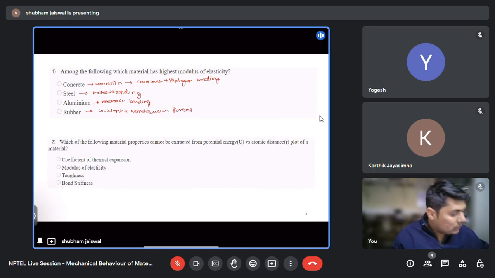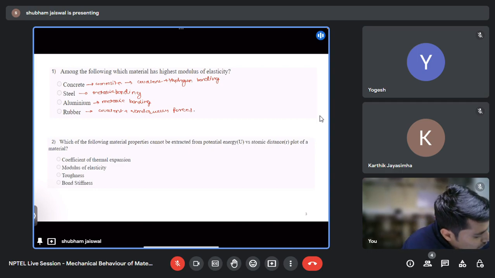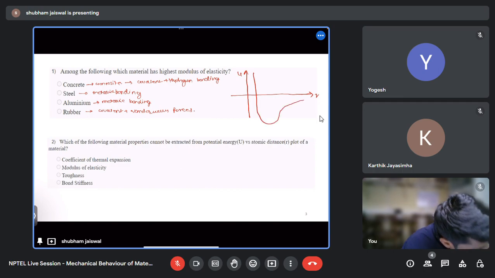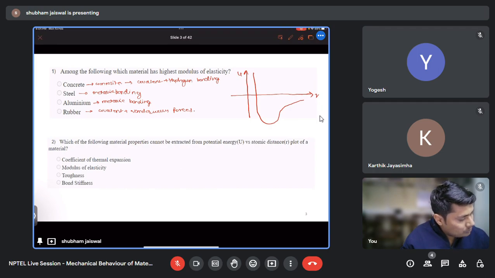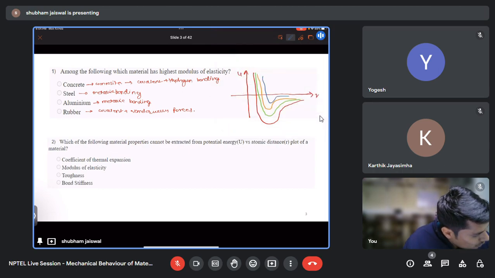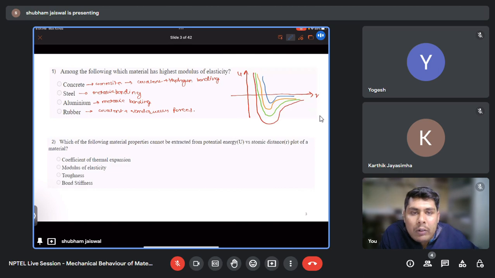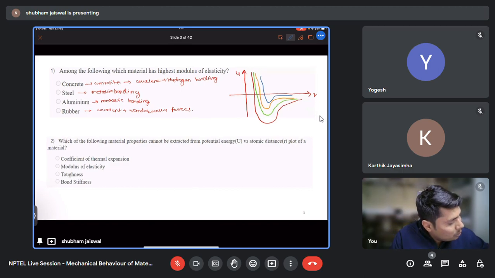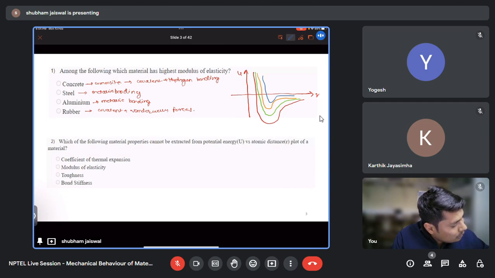So if we draw the potential energy curve for different materials, as these have hydrogen bonding and van der Waals forces, these two curves represent either concrete or rubber.